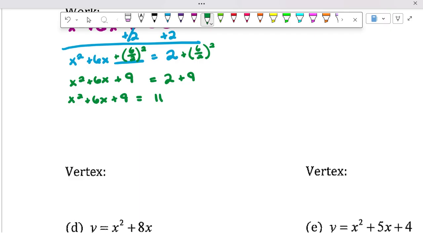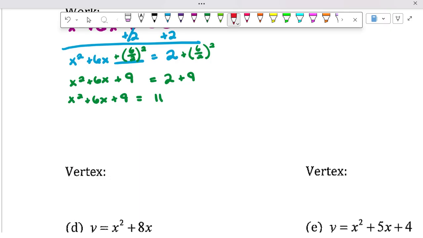What's my next step? Not yet. I gotta do something first. What do you guys think I do? So we gotta make it look like vertex form.